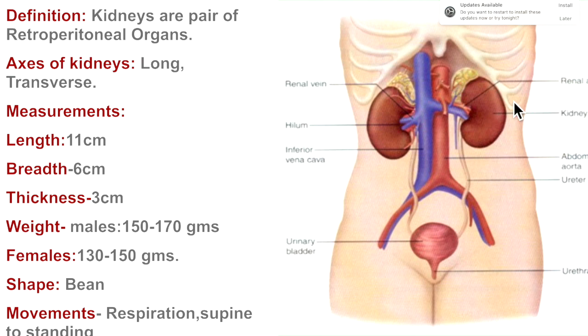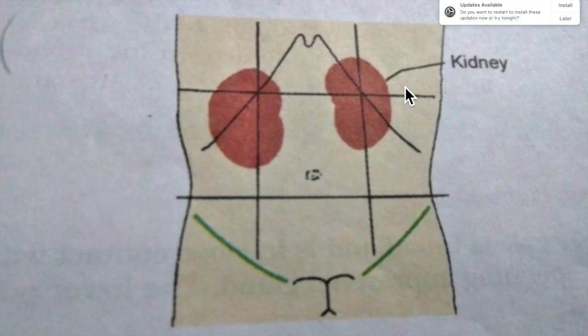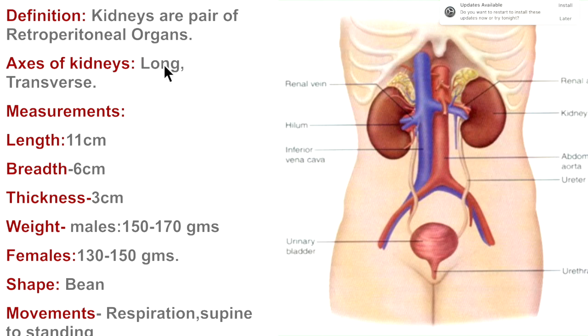This is the transpyloric plane and this is the transtubercular plane. The transpyloric plane lies above the level of the hilum for the right kidney, whereas for the left kidney it lies just below the level of the hilum. This completes the axis.